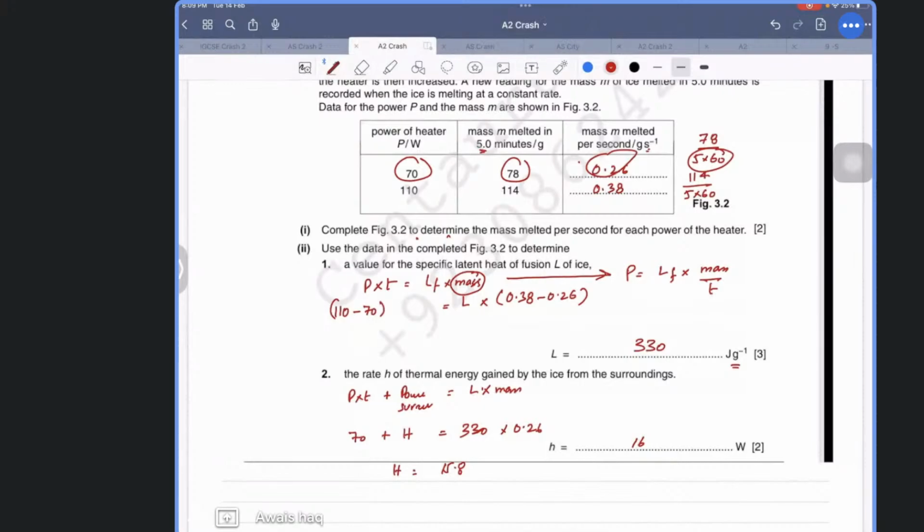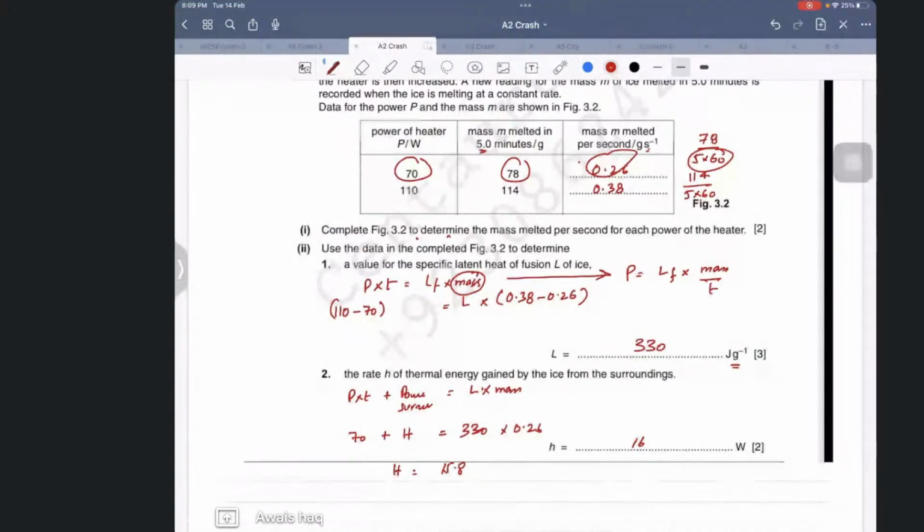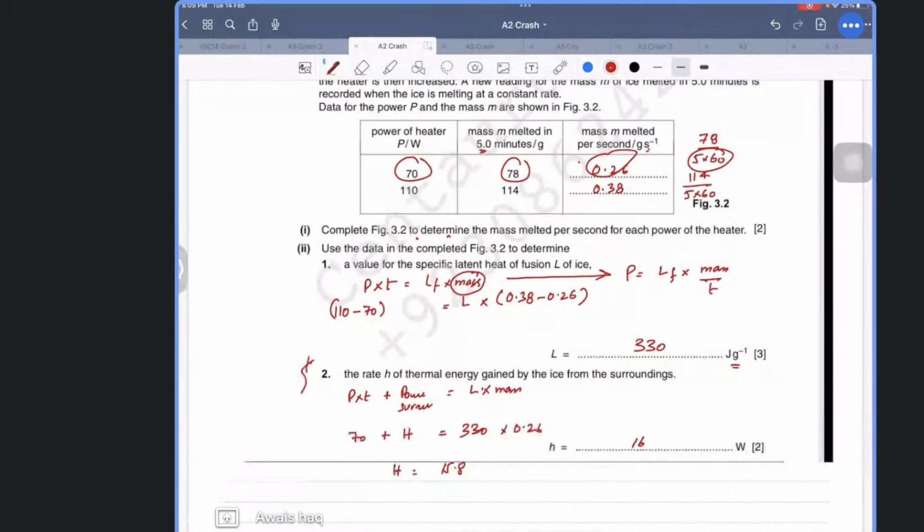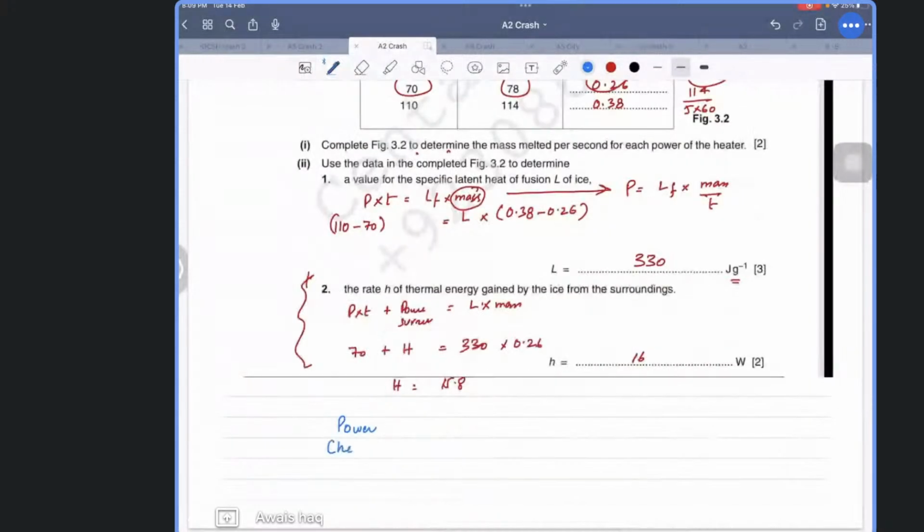Sir, could you explain the second question again, please? Okay. So like I said, you should understand that the power of the heater plus the power that we receive from the surroundings are all helping in melting this mass. Do you understand?